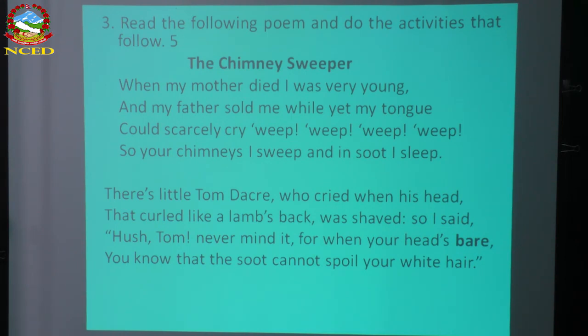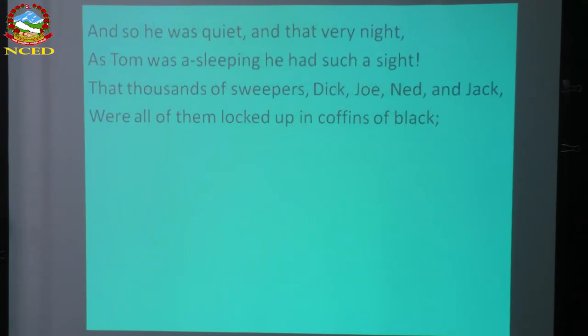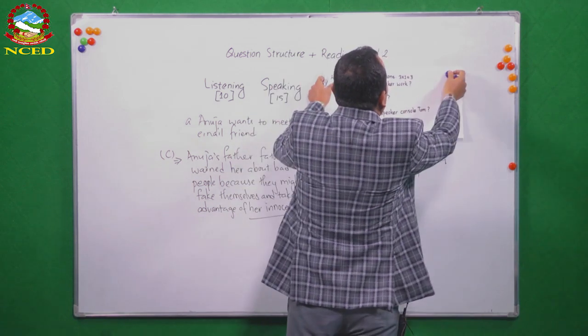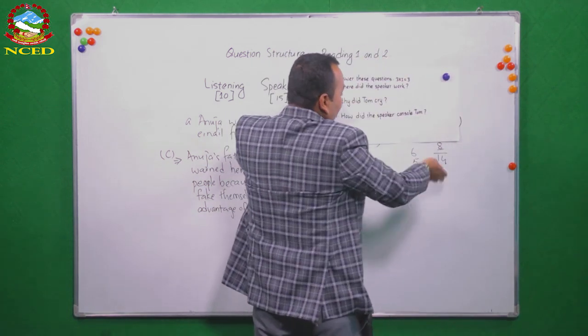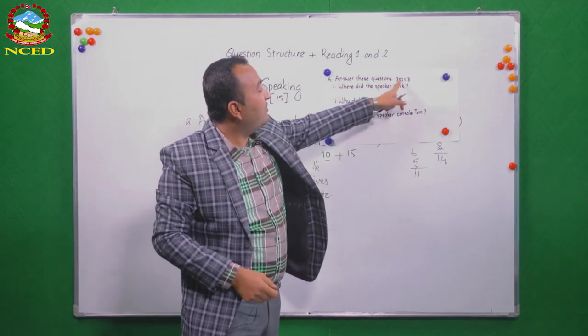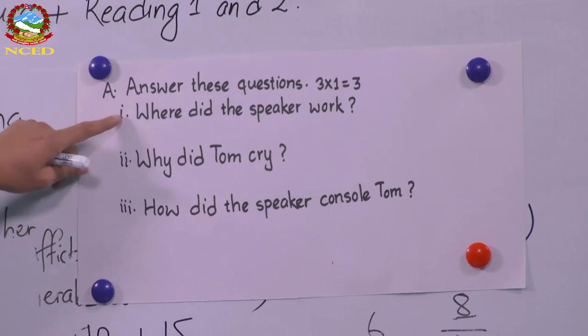I just tried to give three stanzas from this poem, and I have got questions here also. Very quickly, I will show you the questions only, because I won't have much time to talk to you. Look at the questions. Answer these questions. 3 questions, 3 marks, 1 mark each.